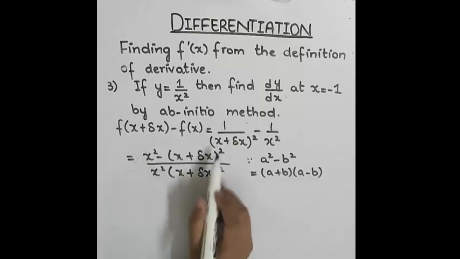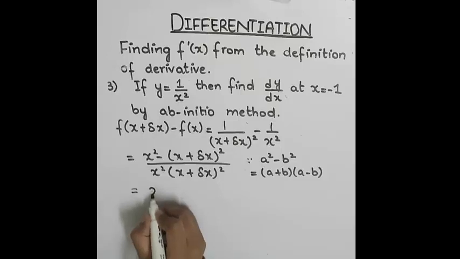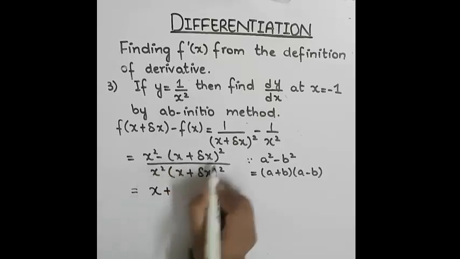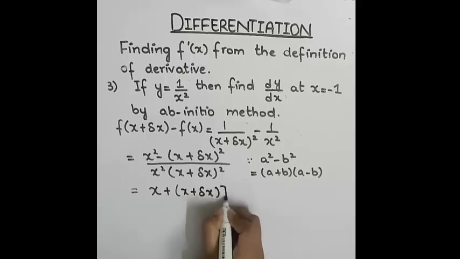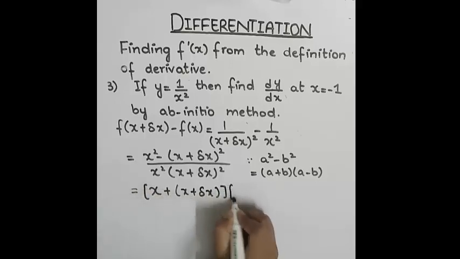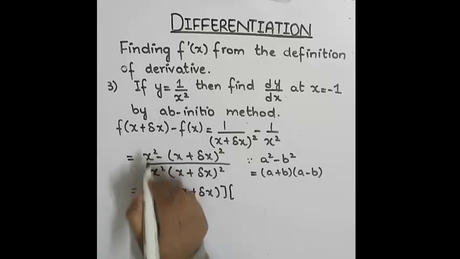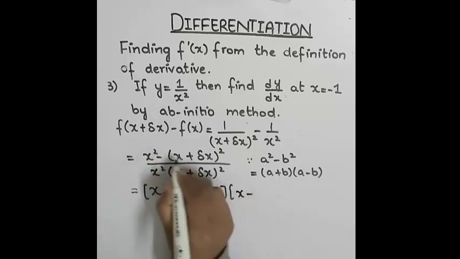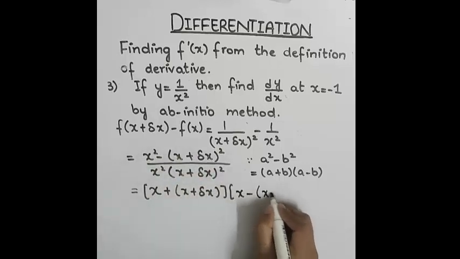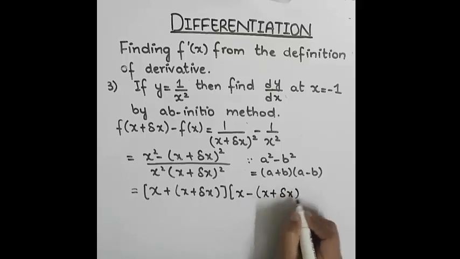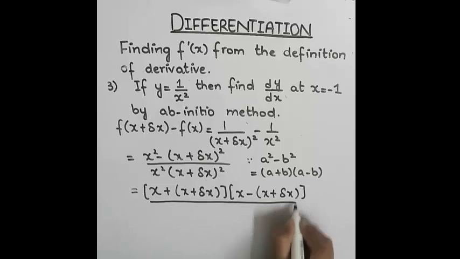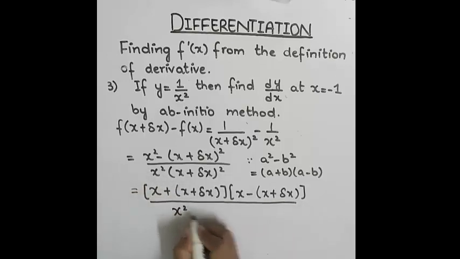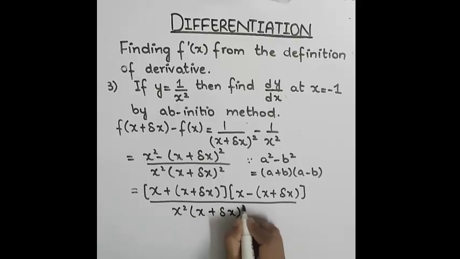So splitting up this formula, we have (a plus b) multiplied by (a minus b). This is x plus x plus delta x, multiplied by x minus (x plus delta x), divided by x square into (x plus delta x) whole square.